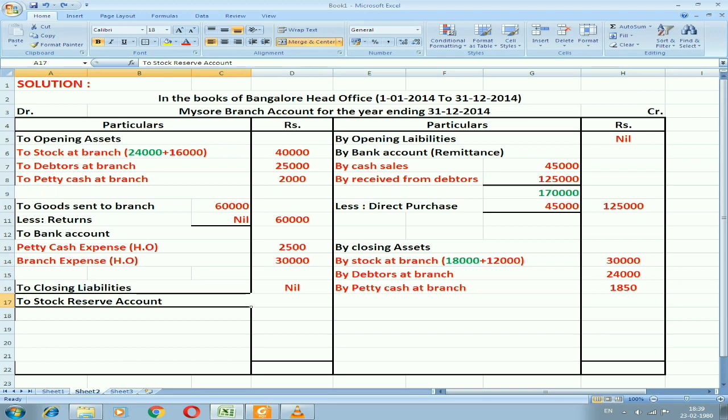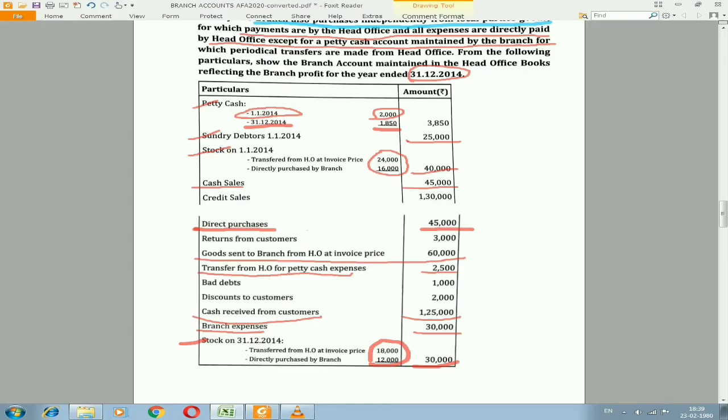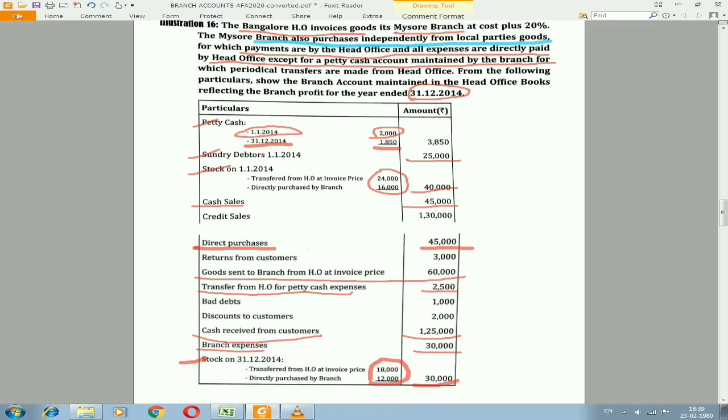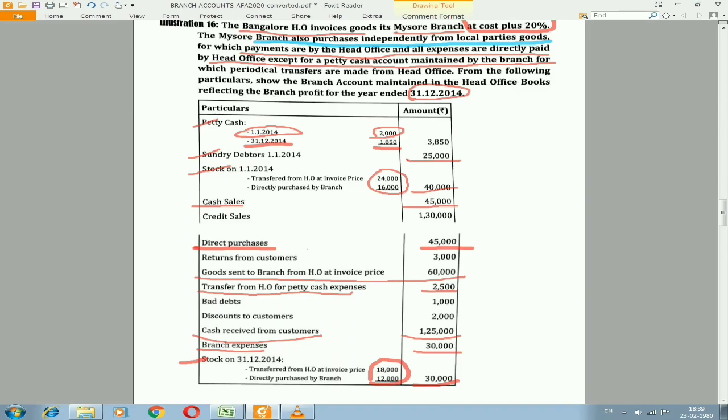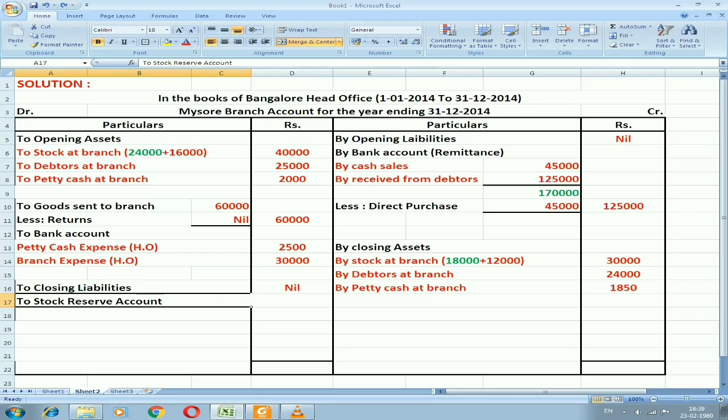For this we need the percentage, that is the profit margin. Here you can see in the question we have cost plus 20%. So the profit which is given on cost, we need to take as 20 divided by 120. This profit margin will be used only for the goods or stock sent by the head office.